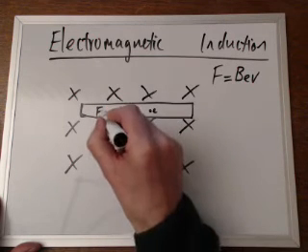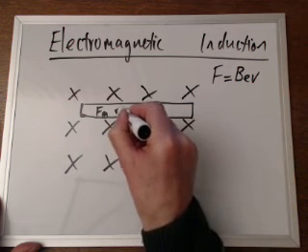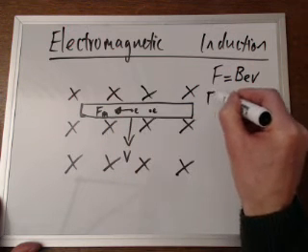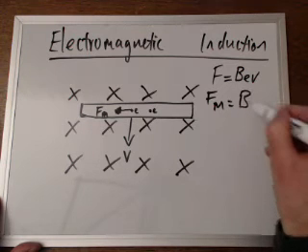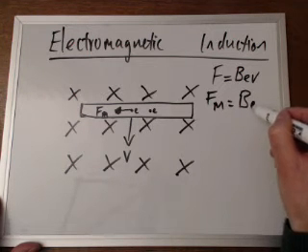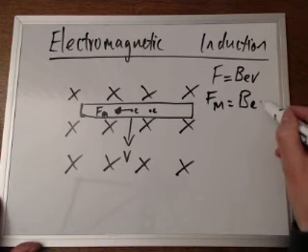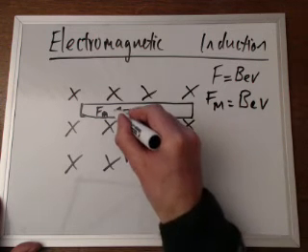So the magnetic force Fm is in that direction on the electron. So we could say the magnetic force is equal to the magnetic field strength B, or magnetic flux density, times the charge on the electron e times the velocity v. Okay, so that's what it'll feel. It'll be a force out in that direction.